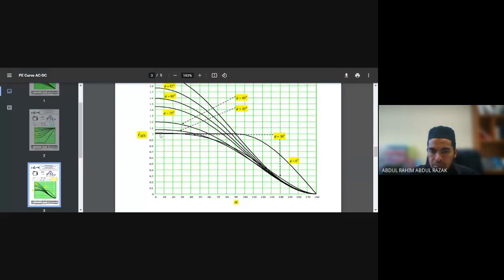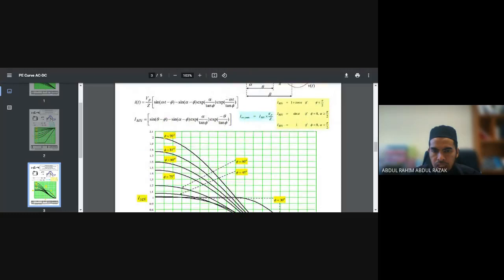The I maximum normalized depends on your load angle as well: pure resistive load, higher inductive load, highest inductive load. So you will get a different I maximum normalized to put inside your formula here. It will determine the maximum SCR current that will exist inside the system.